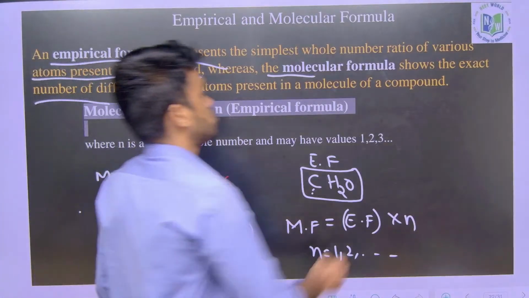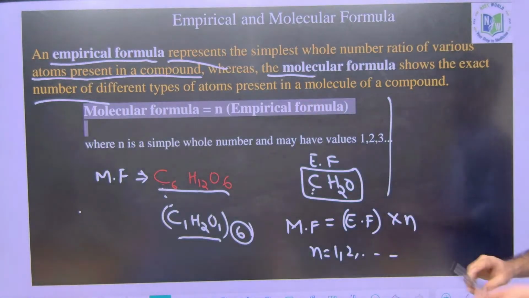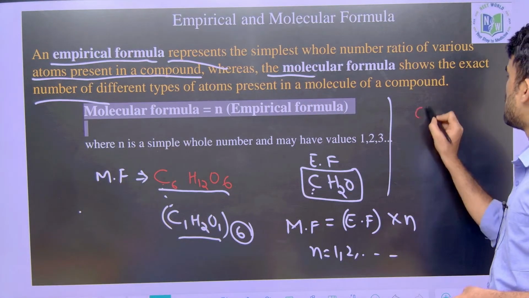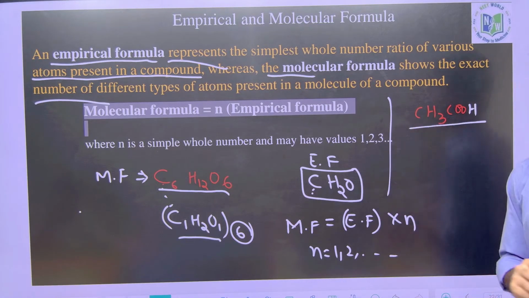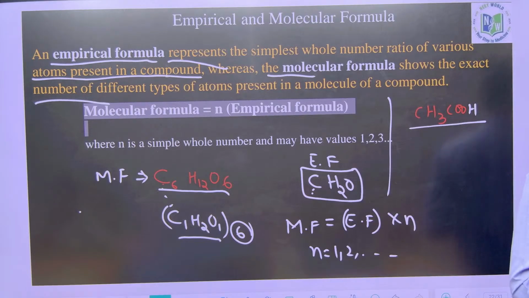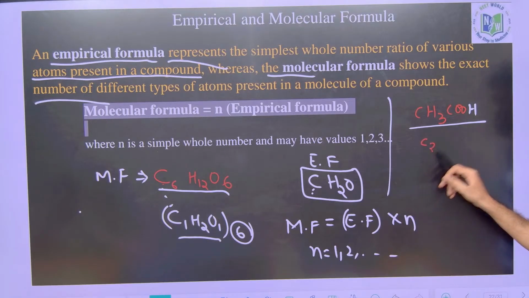Okay, right. So tell me, what is the empirical formula for acetic acid? This is a molecular formula I am saying. What is the empirical formula for acetic acid? How many carbons? 2.